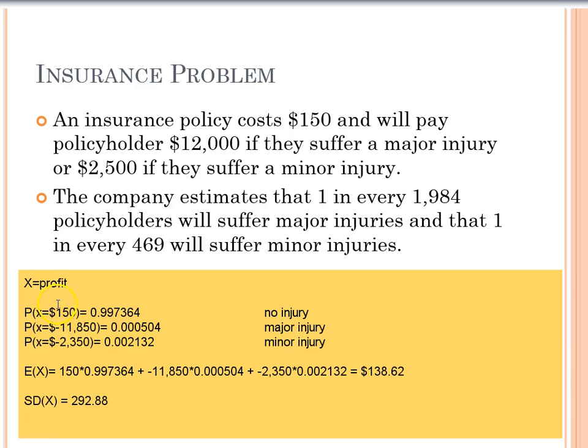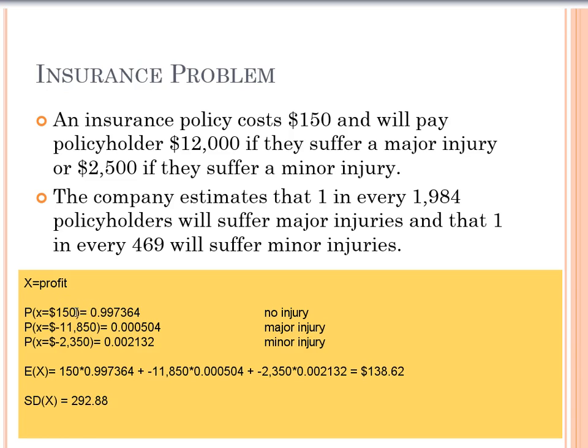The last thing you may be asking yourself about is how I got these numbers for profit. So these numbers for profit are based on whether or not the policyholder injures themselves. So as we said before, they make $150 on each policyholder regardless of injury. So if there's no injury, they make $150 and that's it.